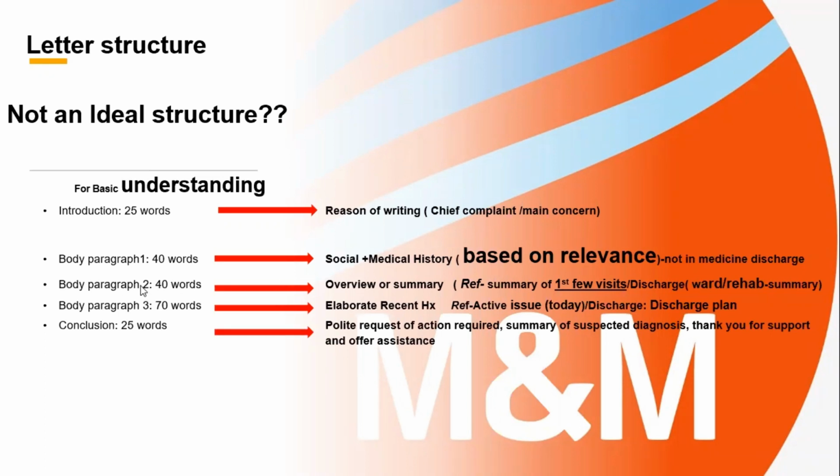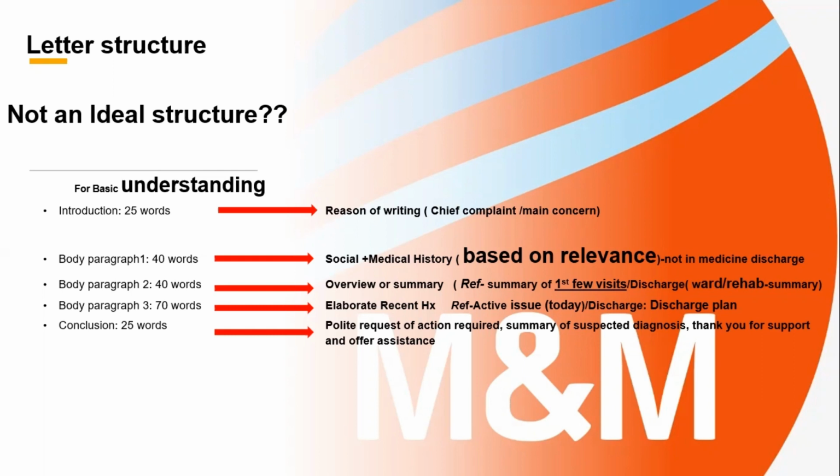Anyhow, followed by body paragraph number 2. Normally, in body paragraph number 2, in a conventional referral letter, we have to write a summary of the information. Let's say we have 4 to 5 visits that show the progression of the same condition.